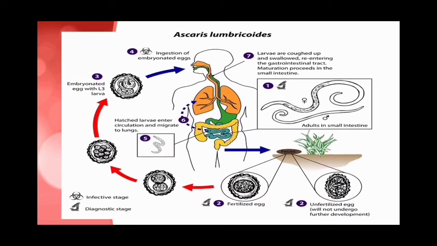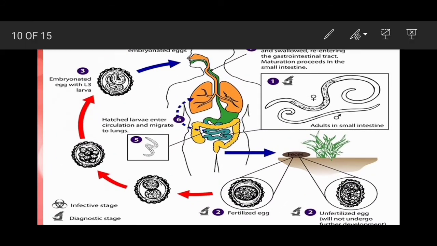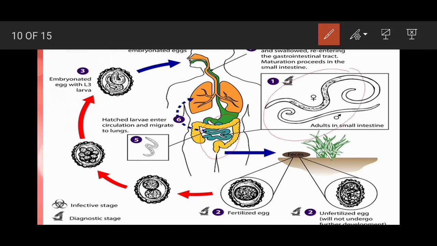See this figure. I am starting from the small intestine. Here we can see the matured female and male worms. The female produces a plenty of eggs.